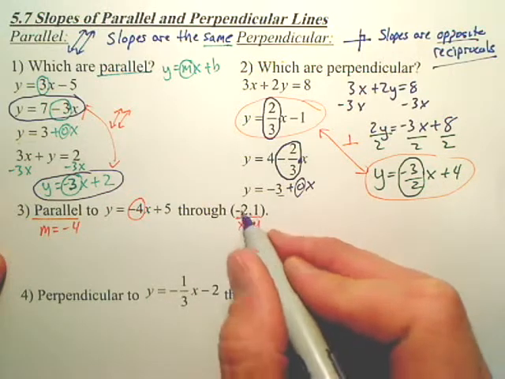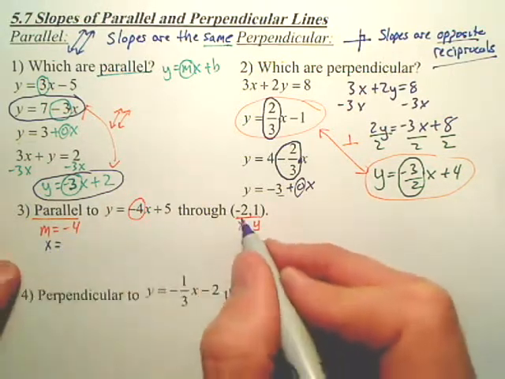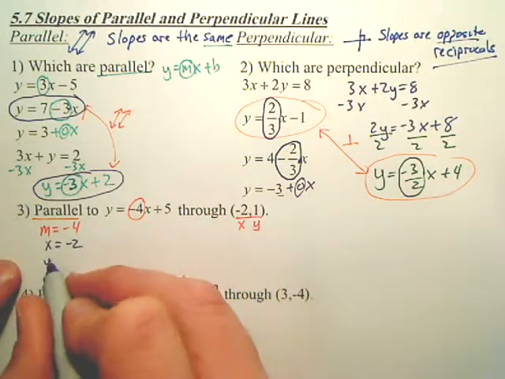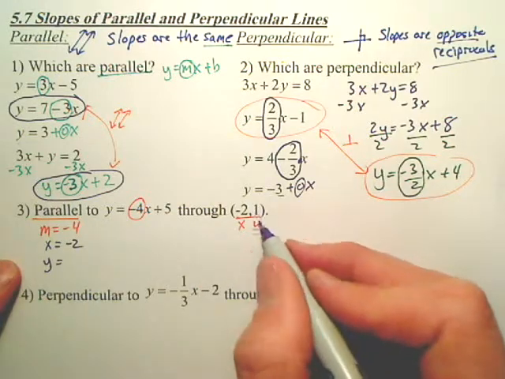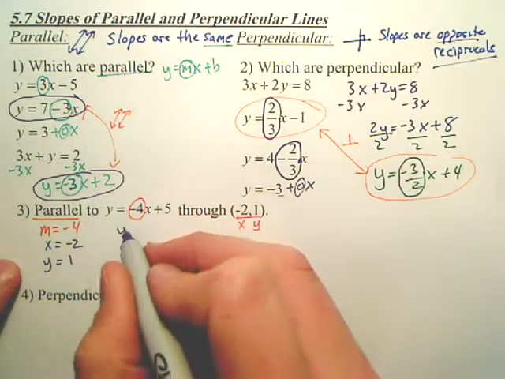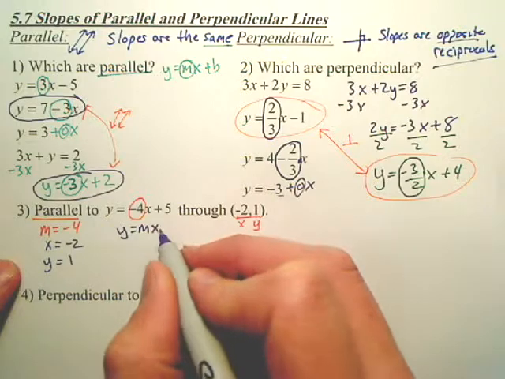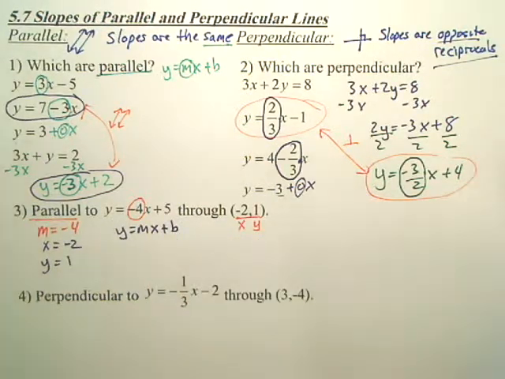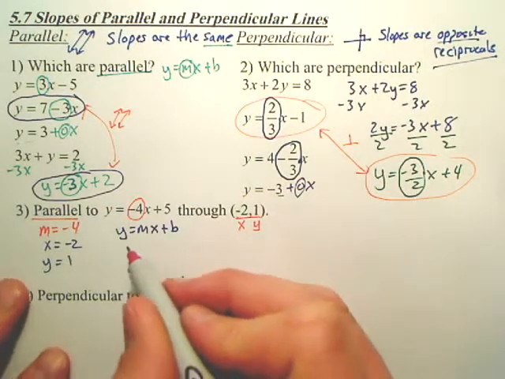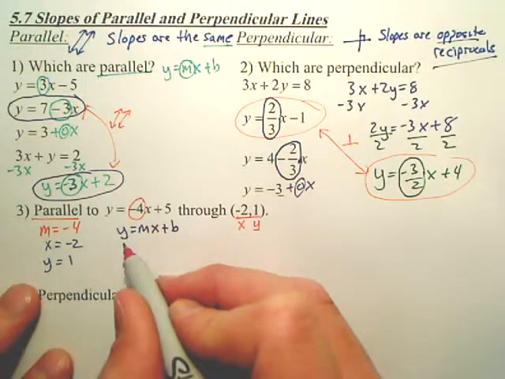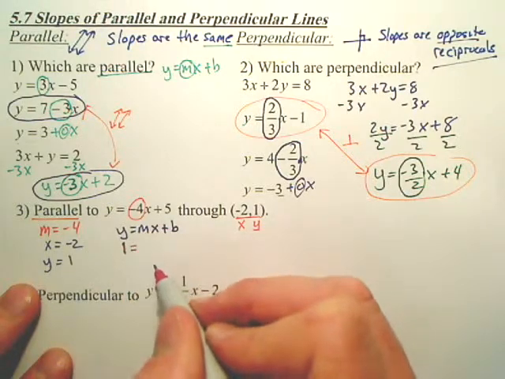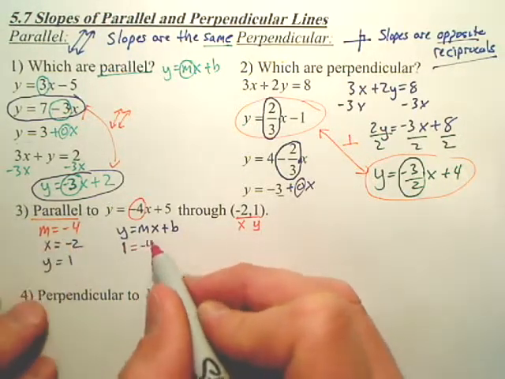M is -4. What's x? X is -2. And what's y? Is it y1? Remember, y equals mx plus b. Can I plug in y, m, and x? Find b. What's y? Y is 1. What's m? -4.